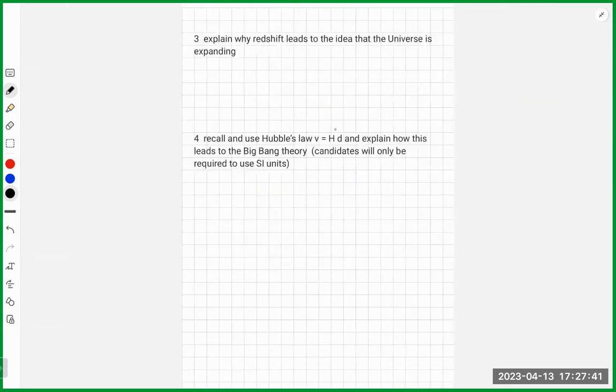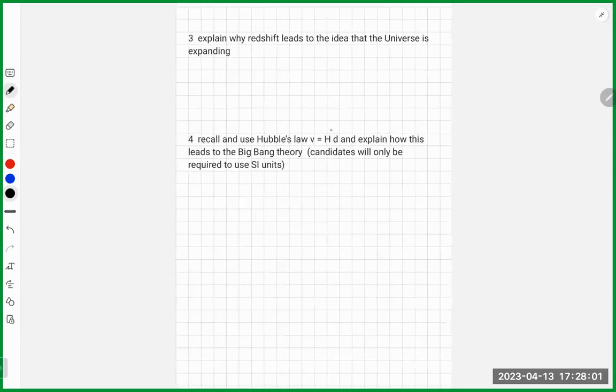Explain why the red shift leads to the idea of the universe expanding. If everything that we observe is moving away, how is that possible?